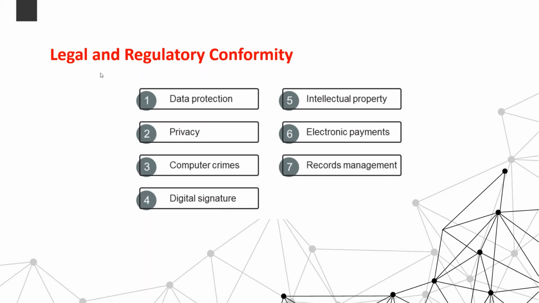Okay, so if we want to understand the data protection of the organization, how the data has been protected, under what legal compliance can we adopt data protection? This organization is located in some location. Based on that location, we try to understand the legal and regulatory compliance for that organization. What are the legal and regulatory compliances for privacy, for computer crime, for digital signatures, for intellectual property?